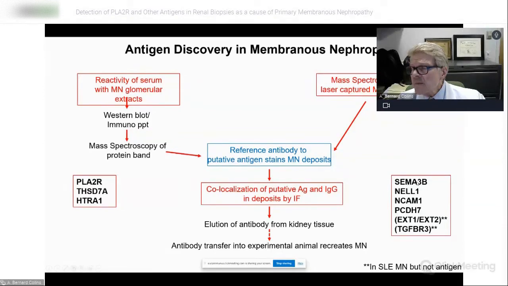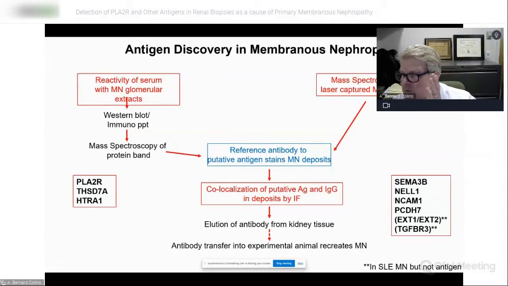The antigens associated with membranous that have been defined using mass spec and laser capture microdissection are SEMA4 and 3b, Nell-1, NCAM1, protocadherin 7, exostosin 1, 2, and TGF-BR3.